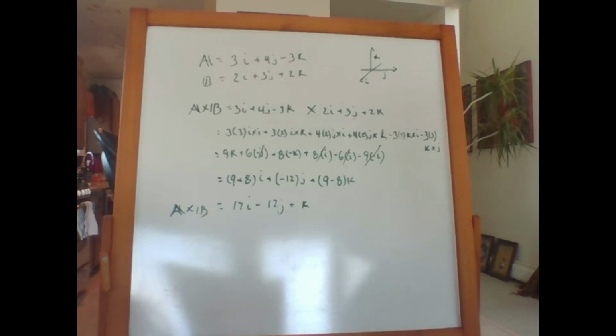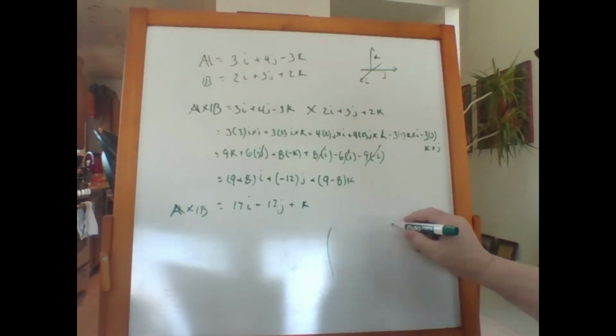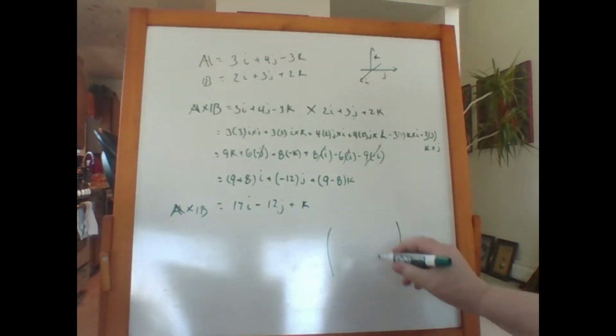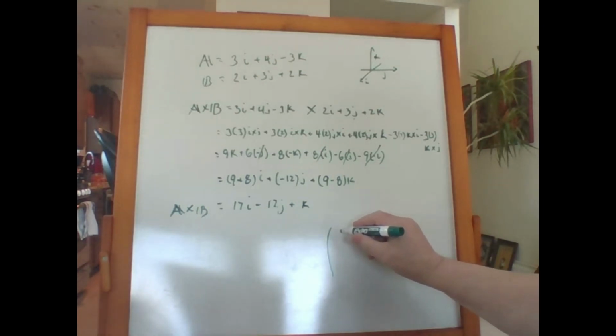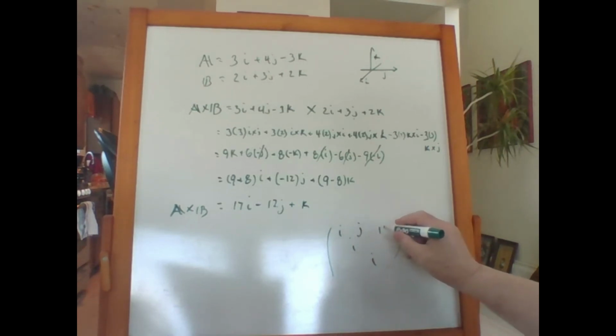And as you can see, it can become tedious. People during the 19th century invented linear algebra with matrices, and they made columns for i's and j's and k's.